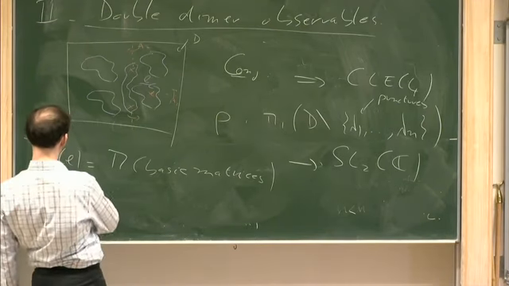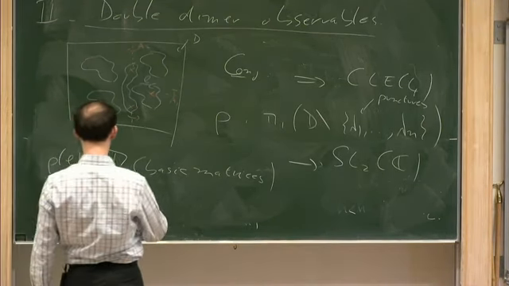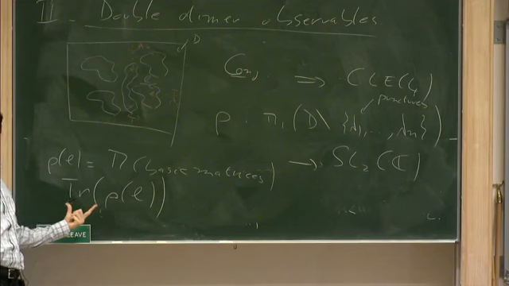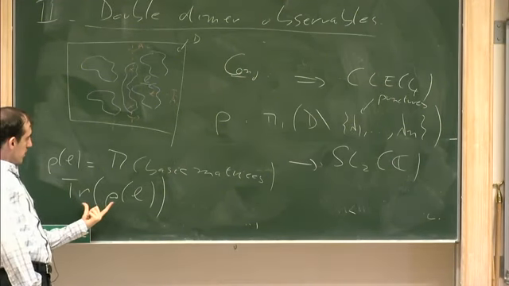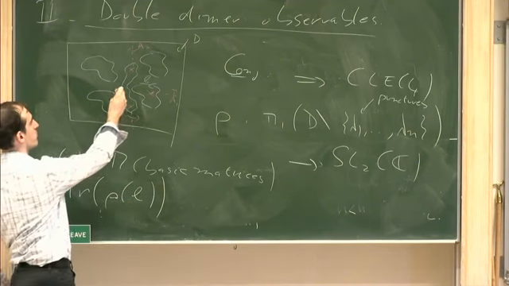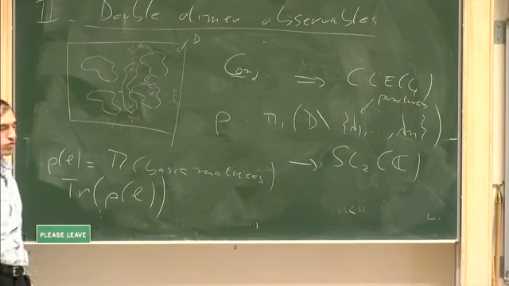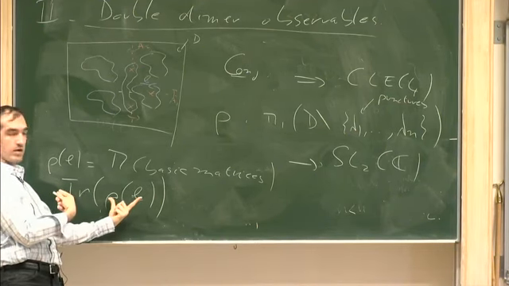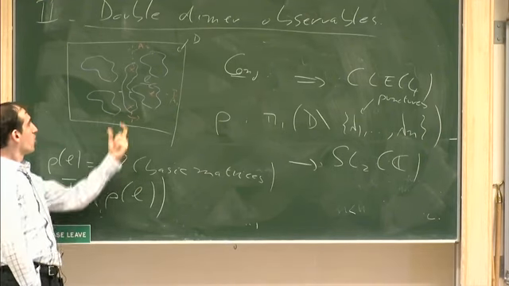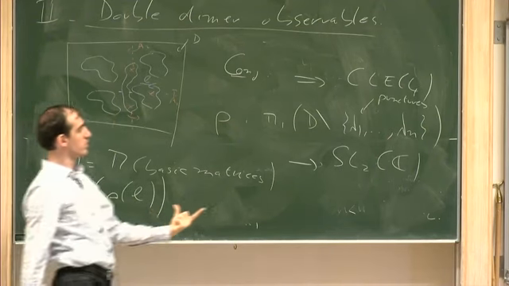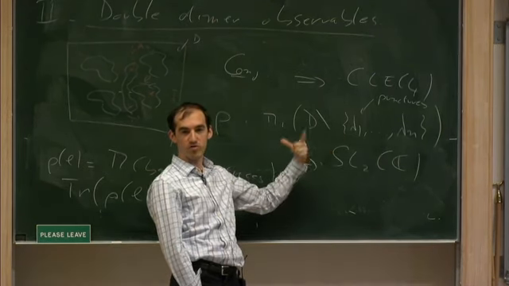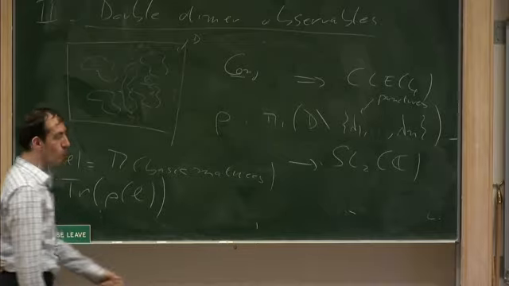And then a number which is the trace of this matrix. So this trace does not depend on the choice of root. If I'm starting there or there, it's not going to matter because it's just going to cyclically permute this trace. So you get the same trace. And if you reverse the orientation, it's also going to be the same because I'm in SL2C. And the trace of a matrix in SL2C is equal to the trace of its inverse, just by writing it.